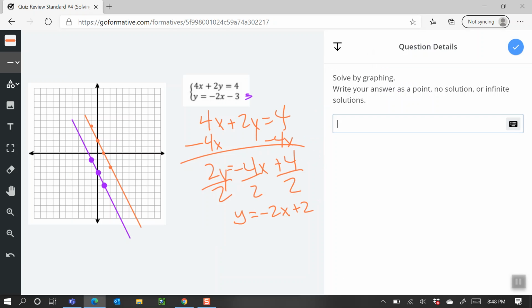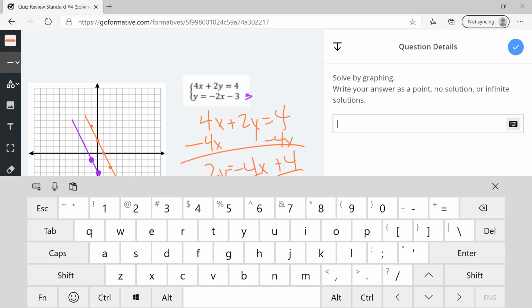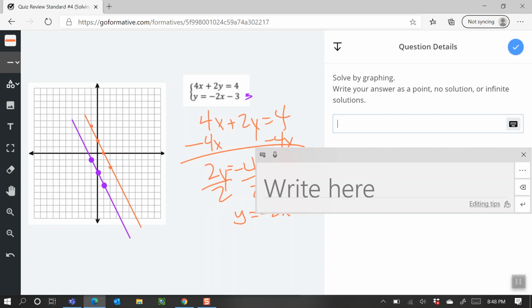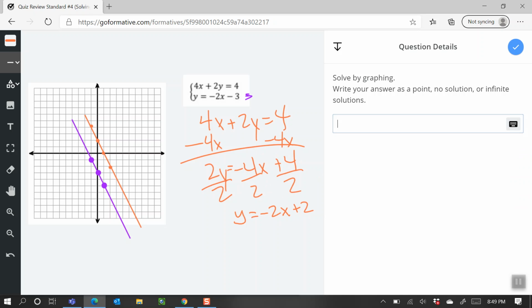So in here, maybe it'll actually let me write no solution this time. Apparently it won't.